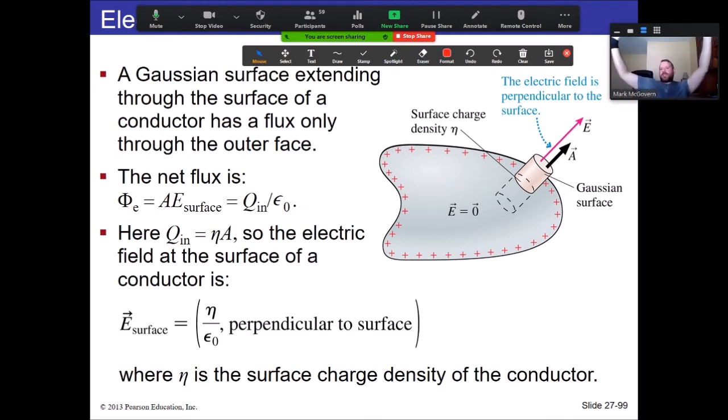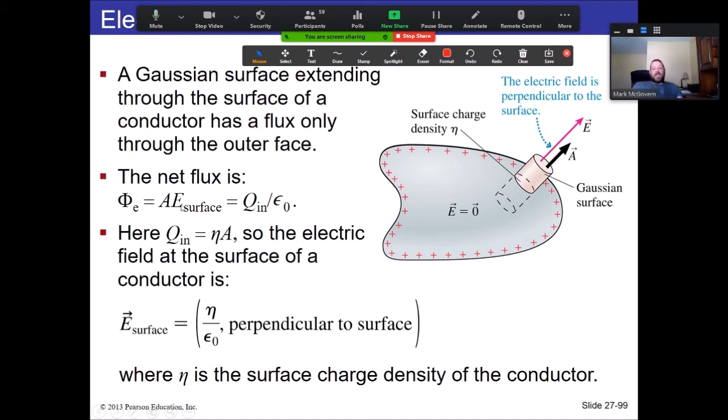You can have a huge object with a density, and then you can look at a little piece of it that has the same density. So what if we really zoom in on the side of this Gaussian surface? If you zoom in enough on any surface, it's going to look like an infinite plane of charge. So we're going to do our Gauss's law stuff like we did the infinite plane of charge.